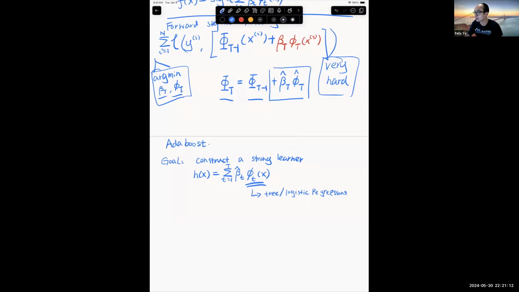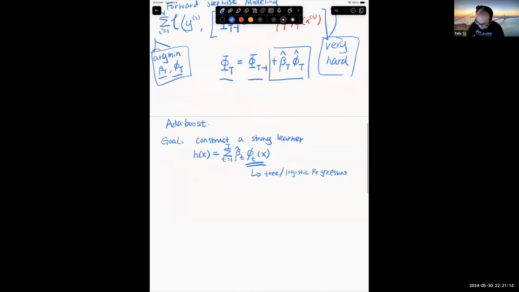Also, we're enforcing the space H to be the span of all possible phi t of x, which is our hypothesis space. So this is the hypothesis space that we want to work with. And this phi t of x is some model or weak classifier that we'll be interested in.